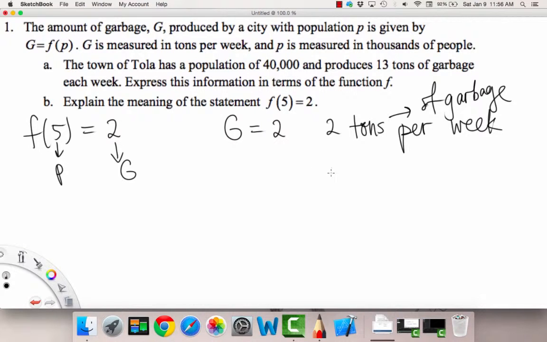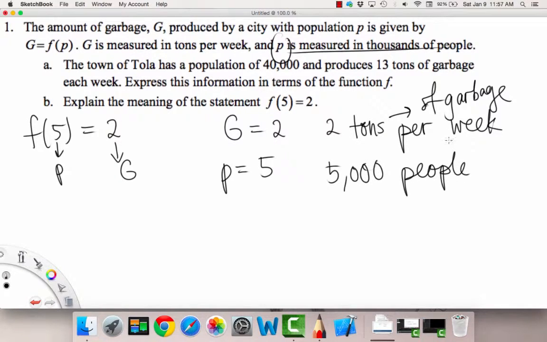Alrighty, and then as for our P, P is equal to 5, which when we translate it through what the variable actually means, that means that we have 5,000 people, somewhere in a city or whatever.